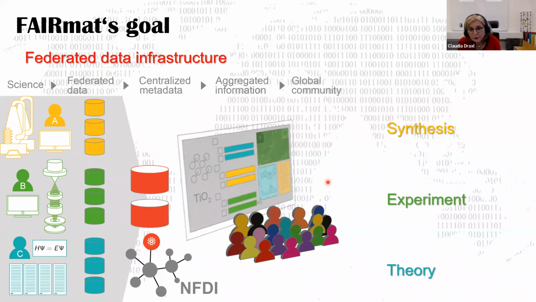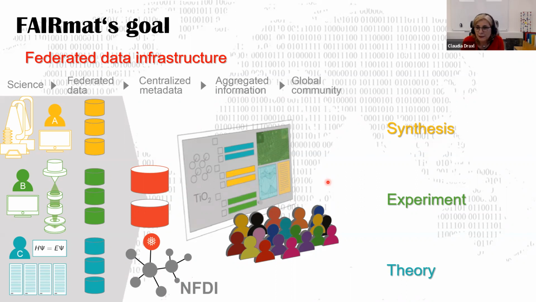And of course, you could tell me now this is much too complicated, because there are thousands of people working on very different aspects of materials science. How can you really bring together data in a meaningful way? So we're searching for commonalities, right?